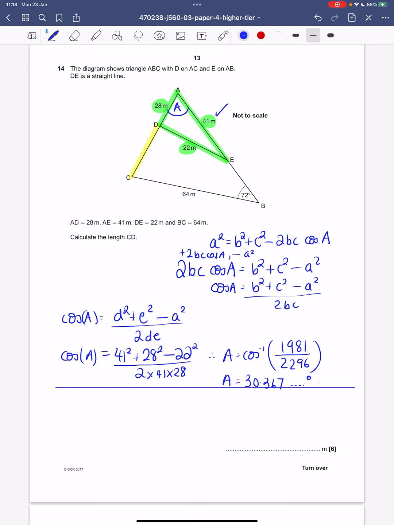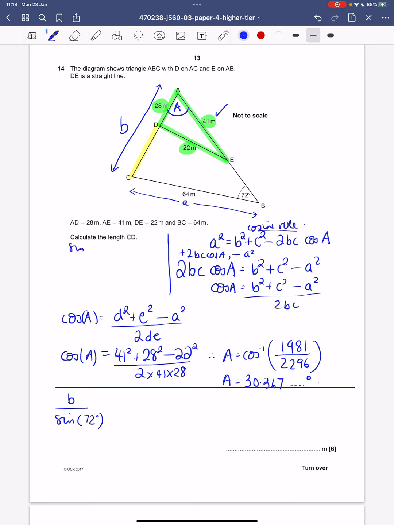Now we're going to use the sine rule. So this length here is lowercase b because it's opposite angle B. This length here is lowercase a because it's opposite angle A. And we want b, so we can write down what we want first of all. We want b divided by sine 72 degrees.